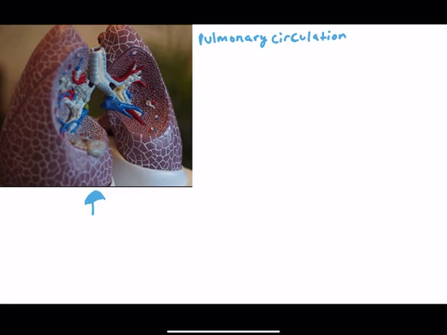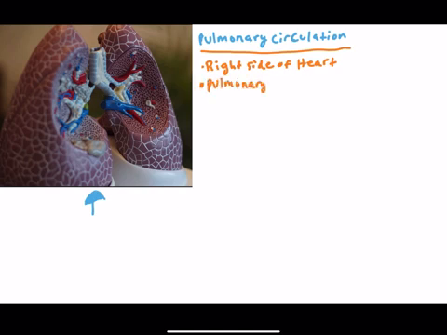First, we have the right side of the heart. The right side of the heart is going to be involved in the pulmonary circulation, and we're also going to have the pulmonary arteries, and in this video we'll also cover the veins.